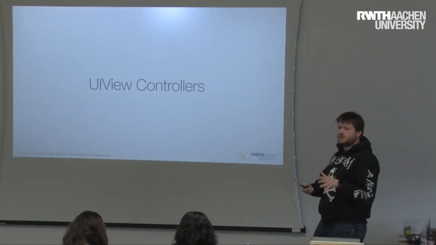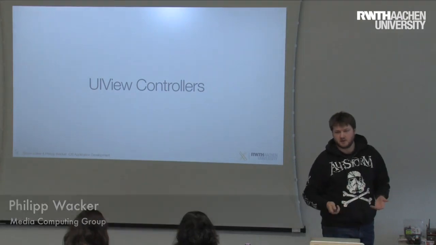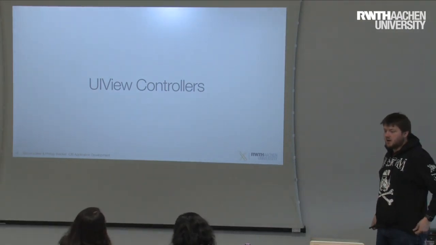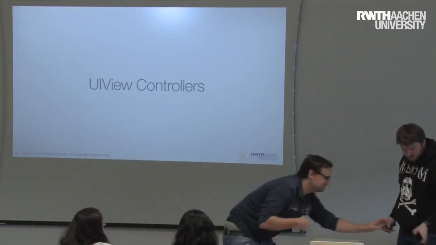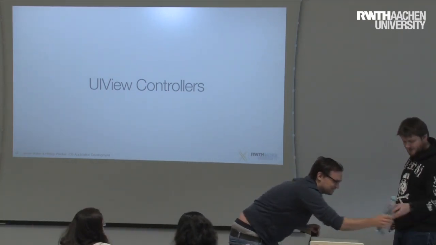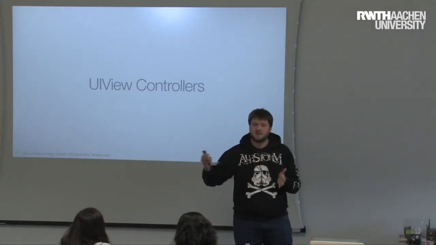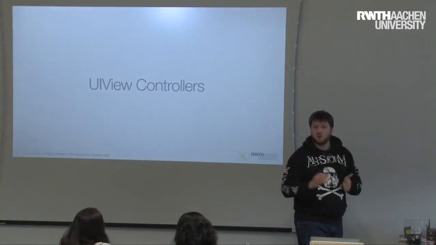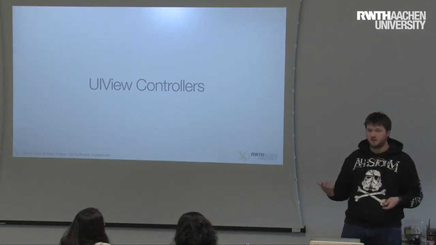So view controllers are usually the things that handle what you see on your screen. There are a lot of different ways you can combine them and structure what is shown, or in what sequence they are shown to the user.